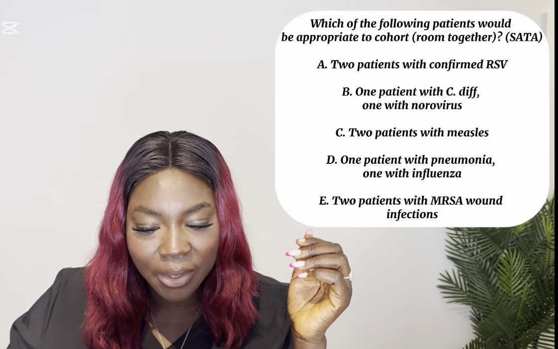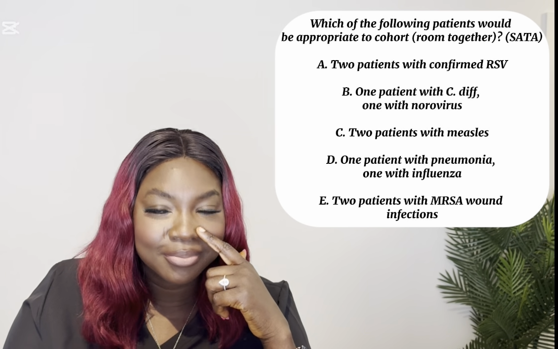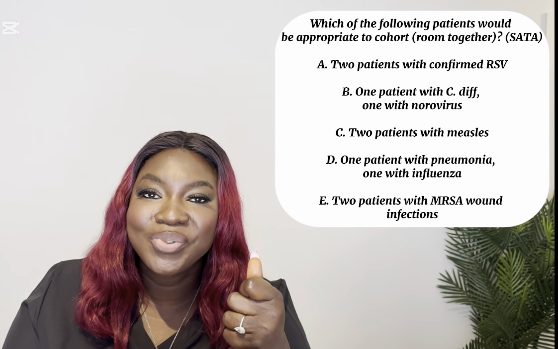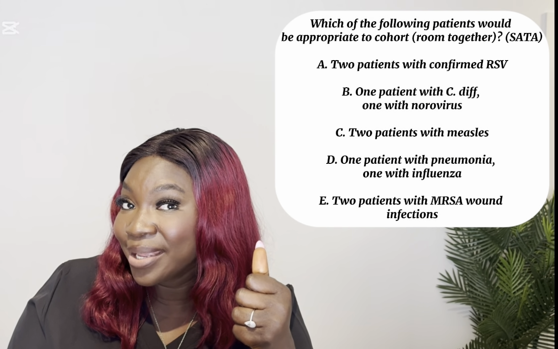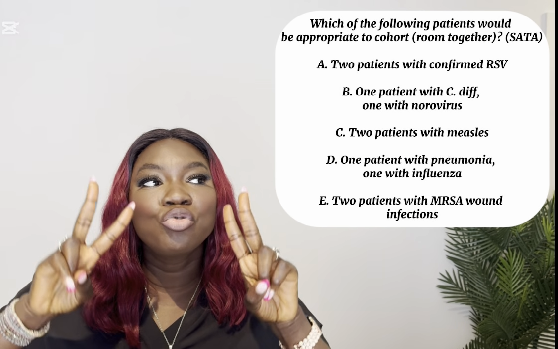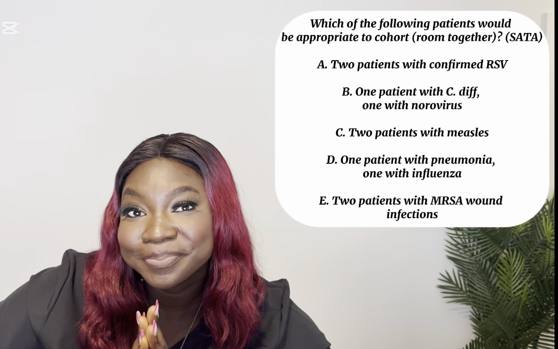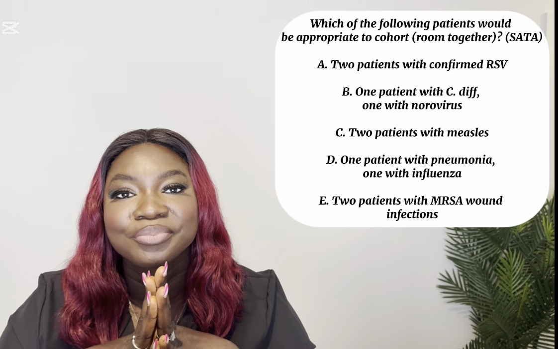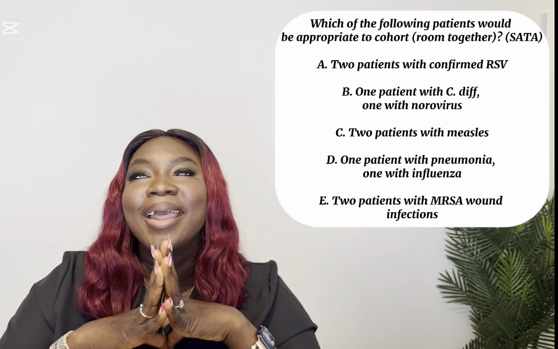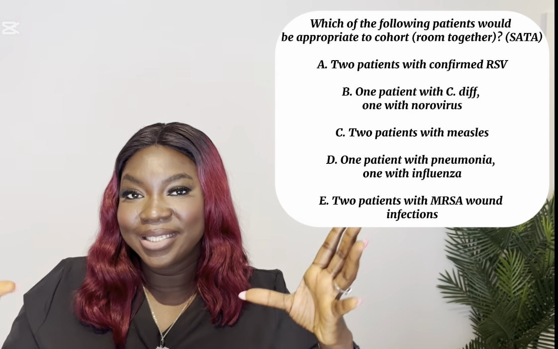Okay, now let's go. C, 2 patients with measles. We know that measles is airborne and it requires a private room. And if you put 2 patients with measles in the same room, right, the air will be infected in that room.